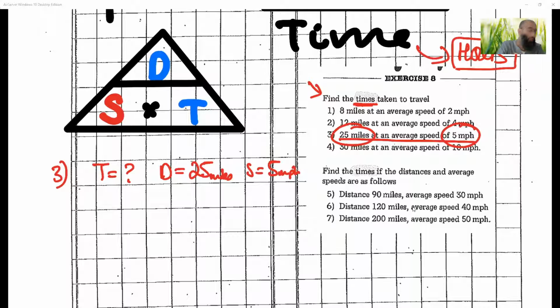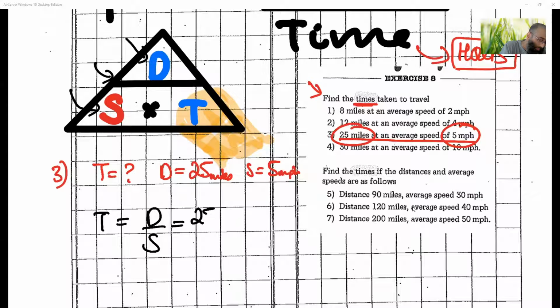Okay, now what we do, when we're using the formula triangle to help us, we cover up the time with our finger because we want to work out the time. So according to the formula triangle, Huzaifa, what's time equal to? Distance divided by speed.